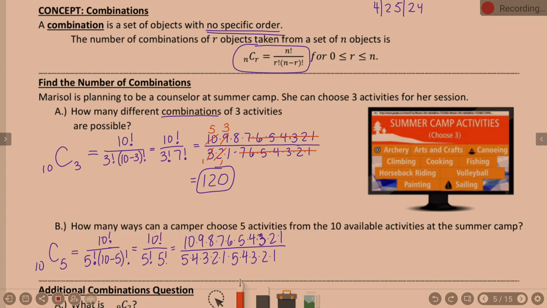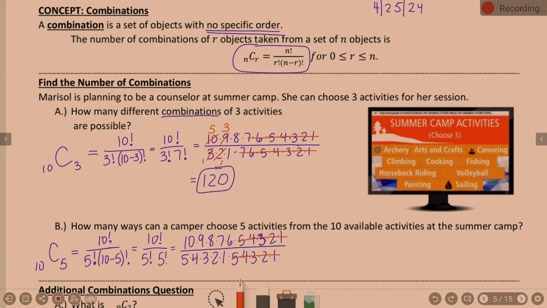Now, I'm going to talk canceling again. What can cancel? A 5, 4, 3, 2, 1 on the bottom can cancel with the 5, 4, 3, 2, 1 on top. Now, as you look at the bottom, do you see anything that we can cancel with the top? What'd you say? 5 and 10?